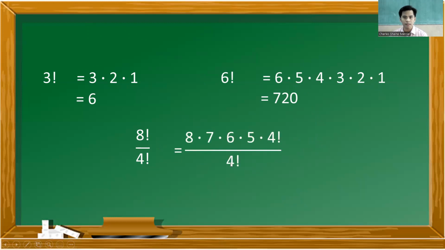So we will just expand that. We have 8 times 7 times 6 times 5 times 4 factorial, and we can cancel 4 factorial from the numerator and denominator. Now, ang kailangan na lang nating i-multiply is 8 times 7 times 6 times 5. And that is equal to 1,680.